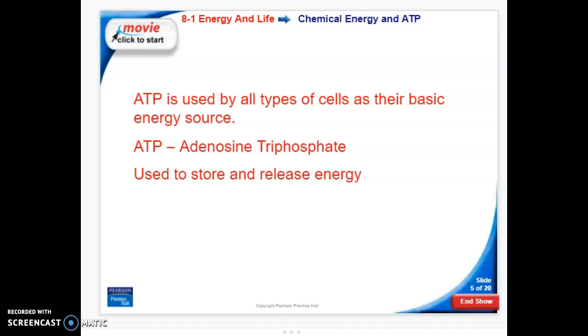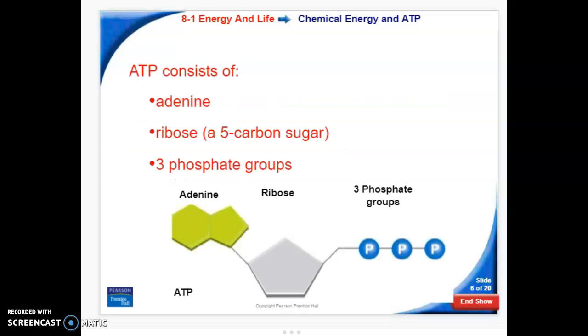The type of energy you use in your cells is called ATP, and this is the basic energy source for cells. ATP stands for adenosine triphosphate. Adenosine triphosphate not only releases energy, but it also stores energy. For your test, you're going to have to know the parts of an ATP.